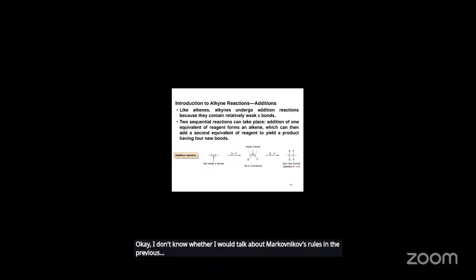But after then, on the second step, you can employ Markovnikov's rule. I don't know whether we talked about Markovnikov's rule in the previous class. Markovnikov's rule says that whenever I want to add a compound with dissimilar parts across the double bond, the carbon that has more hydrogen will be given the hydrogen. The carbon that has less hydrogen will be given the halide. So that is what we employ whenever we are doing the second stage of the reaction.